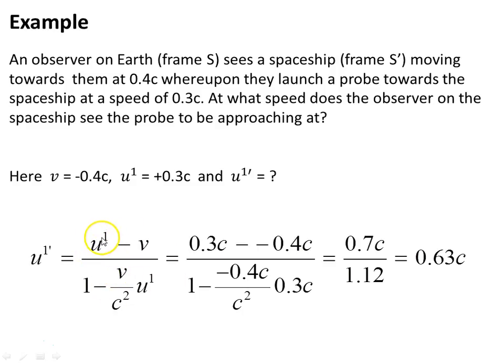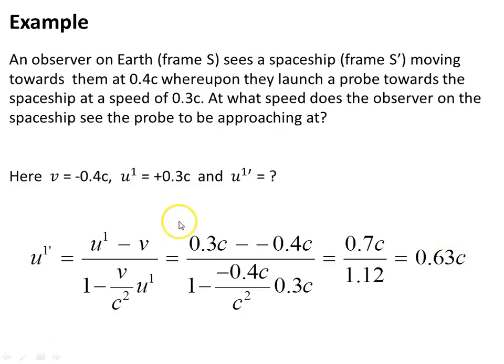That's the 0.3 minus negative 0.4 over this object here. When we do that, we get 0.7c over 1.12. We get 63% of the speed of light. So the observer on the ship sees the probe approaching him or her at 63% of the speed of light.